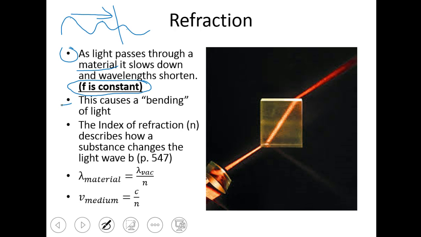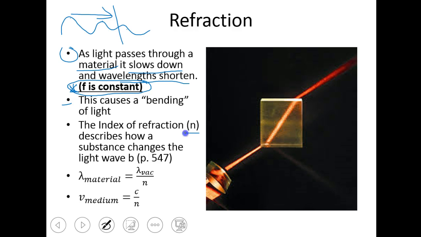And so when we did our demonstration, I had you do the same thing. Once you cross the line into the water, or what we were pretending was water, you slowed down and your steps shortened. But you kept the same pace of step. And I didn't really tell you this part, but I'm telling you now. You kept the same pace of step. And that's what causes it to bend.